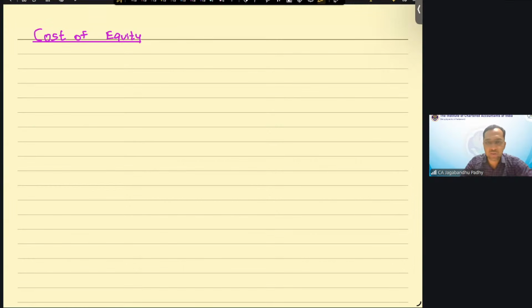Okay, so when you say residual interest, they get whatever is left out. The dividend they get is after payment to your preference shareholders, after payment of interest and taxes, right? These are the financiers who get the money at the last. They are the last in line to receive their dues. The first payment has to be made to the debenture holders or the debt fund providers.